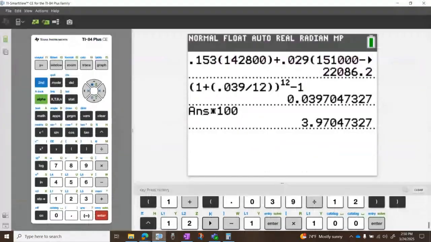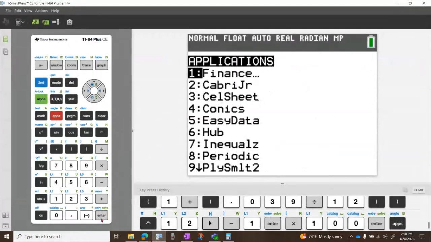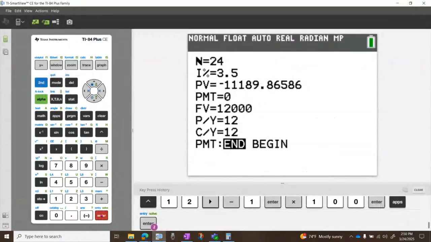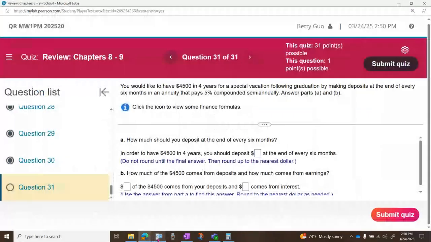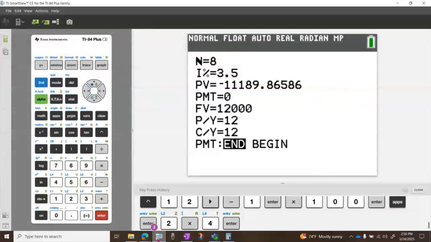So go to apps, finance, TVM solver. Semi-annually, right? Twice a year times 4 years, so 8 times.